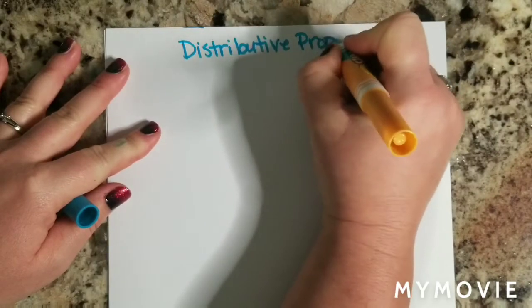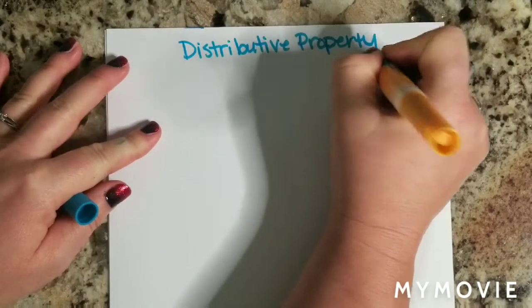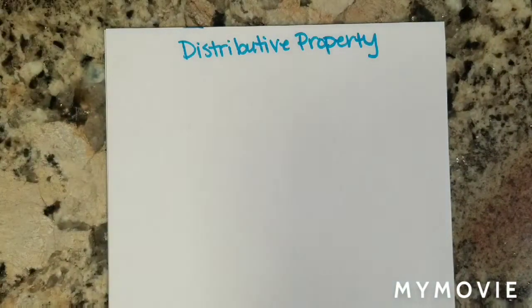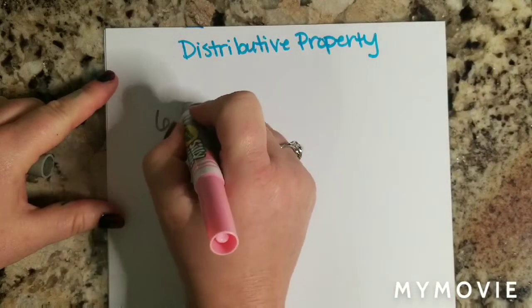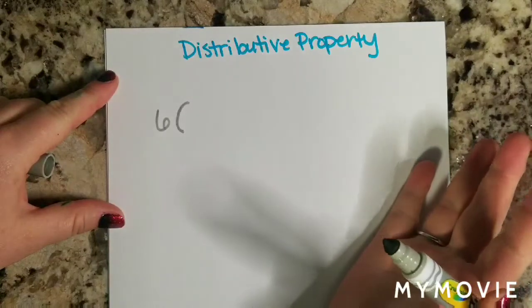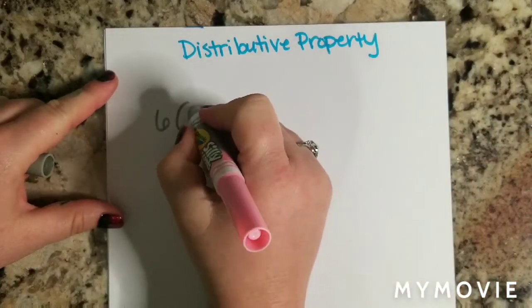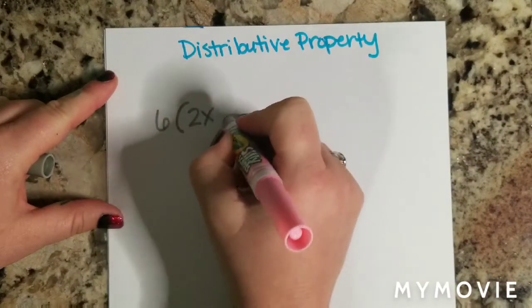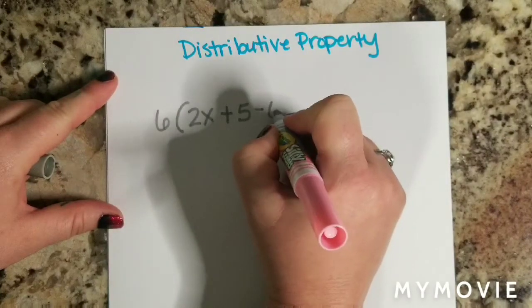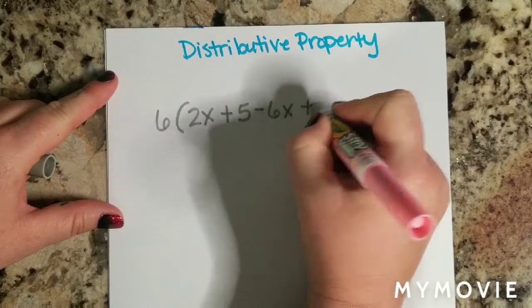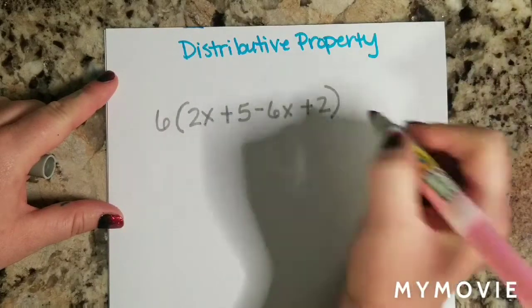And I tried to use bigger markers this time so you could see it a little better. So let's say we have 6 times the group, and the group is always in the parentheses, 2x plus 5 minus 6x plus 2.